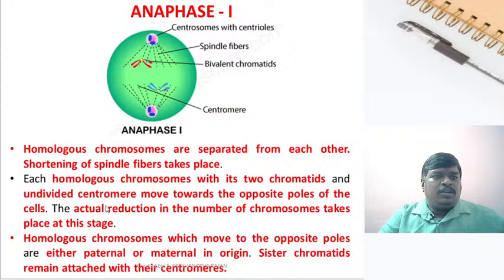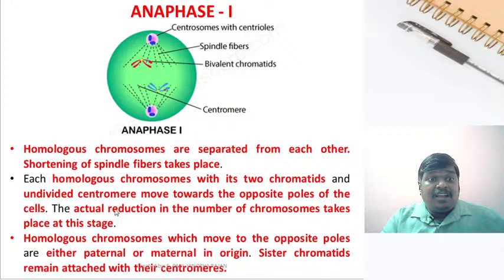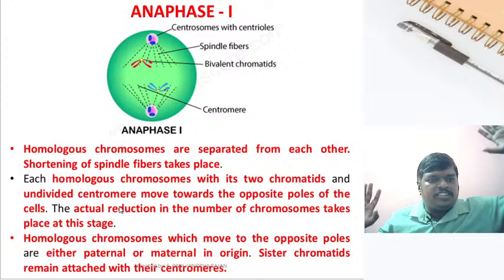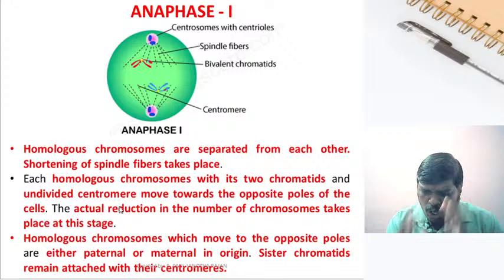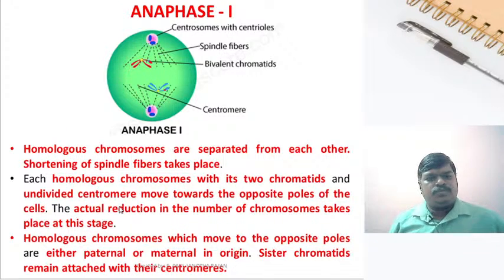Now, during this anaphase 1, the centromere is undivided, the kinetochore is undivided, the chromatids are undivided. Just like that, it moves towards the poles. The whole homologous chromosomes will move towards the poles. Of these two chromosomes, one is maternal, the other one is paternal.